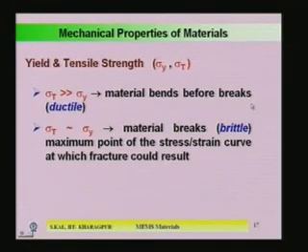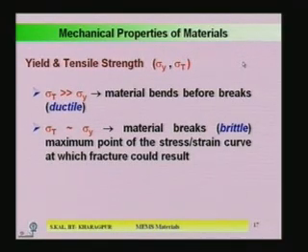This property is known as the ductile property. On the other hand, when sigma t and sigma y are comparable, then the material breaks and we call it a brittle material. The maximum point of the stress-strain curve is where fracture could result. I have shown you in the last diagram the maximum value, after which the brittle material breaks.